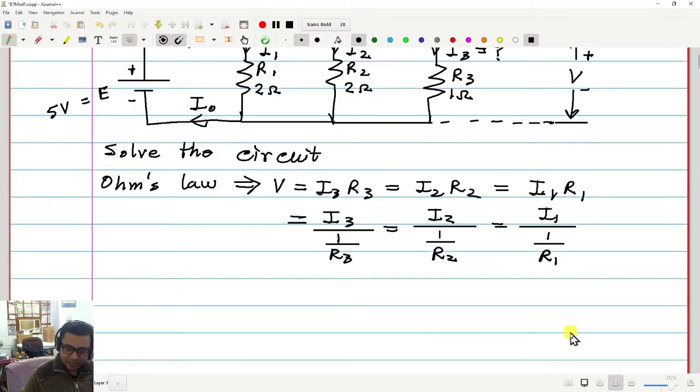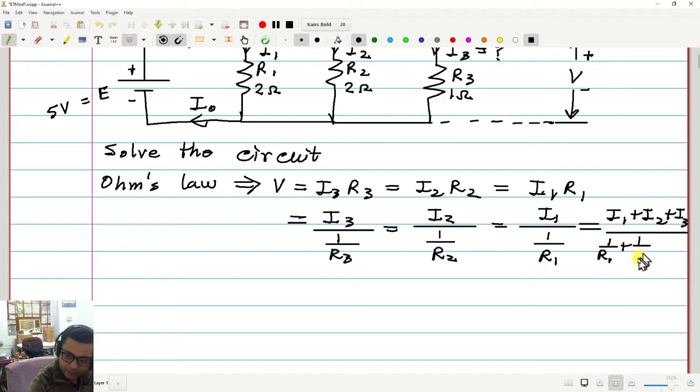Okay, and if so, now I can write that all these quantities are equal to the sum of the numerators, I1 plus I2 plus I3, divided by 1 by R1 plus 1 by R2 plus 1 by R3.